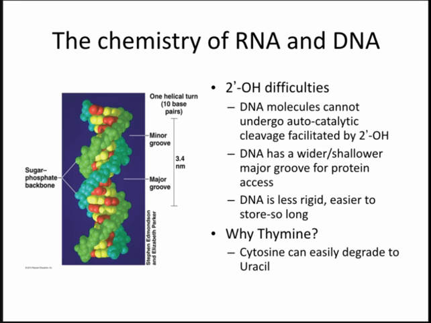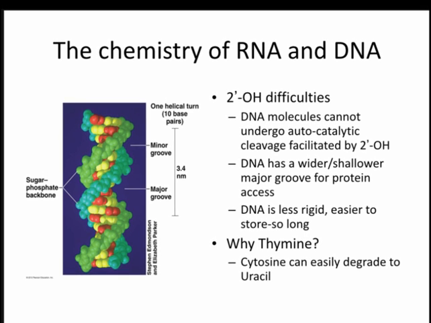And this will happen in RNA, and it's actually part of the splicing mechanism of RNA. The other thing is that the lack of that 2' hydroxyl makes DNA have a wider, shallower major groove so that proteins have better access, and the DNA is less rigid, so it makes it easier to wrap around. So that's why you don't have the 2' hydroxyl in DNA.